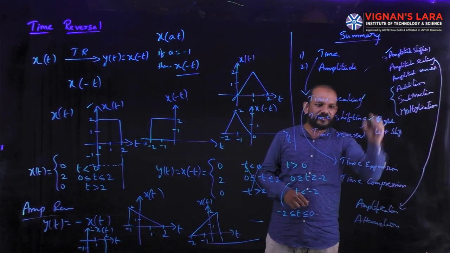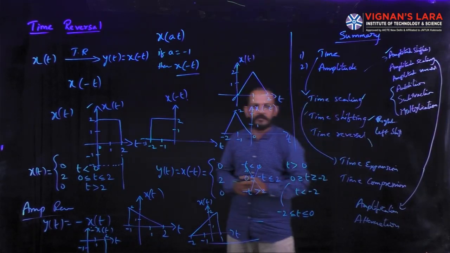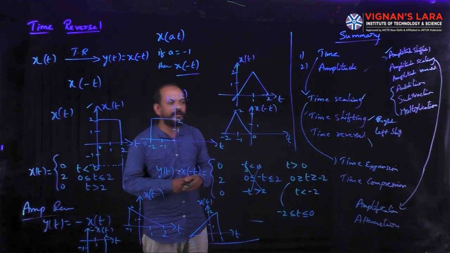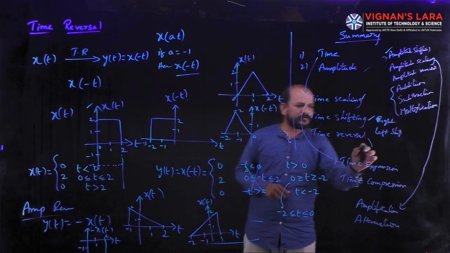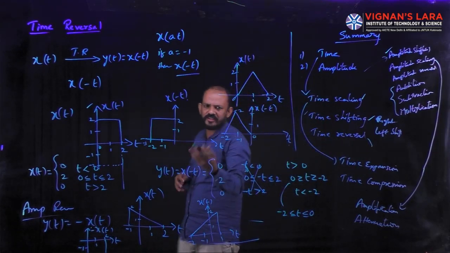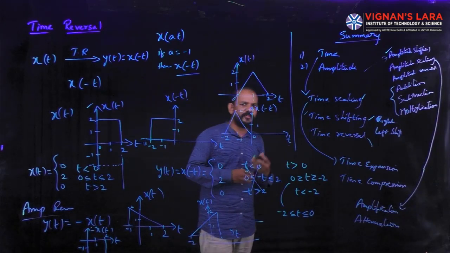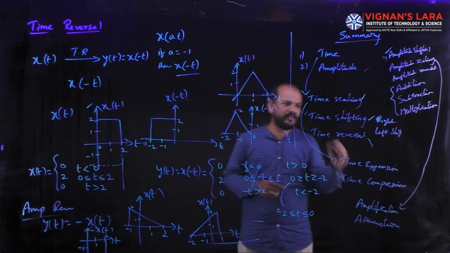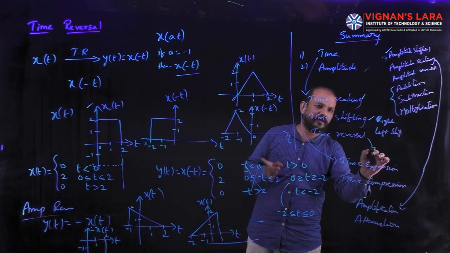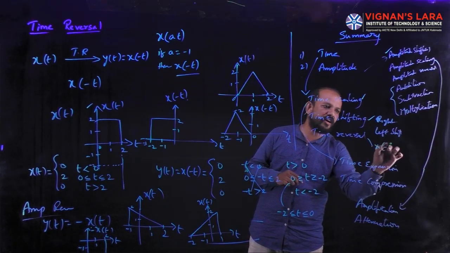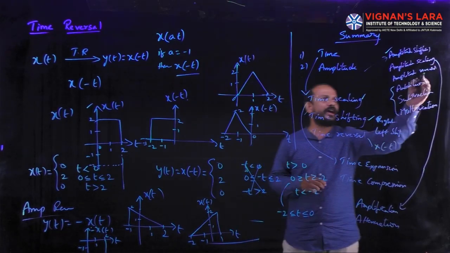After that I went for time reversal. Time reversal is a special case of time scaling whenever the constant a is equal to minus 1. That is, the time reversal of x of t is x of minus t. And last I went for amplitude reversal.